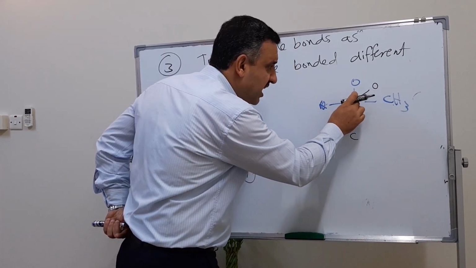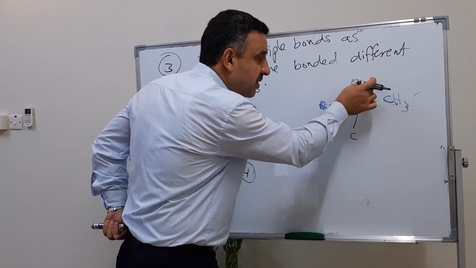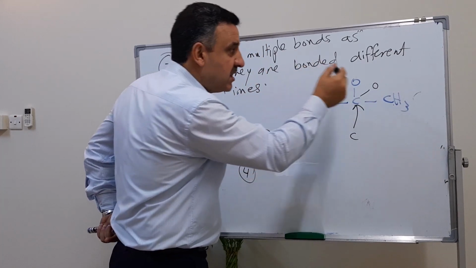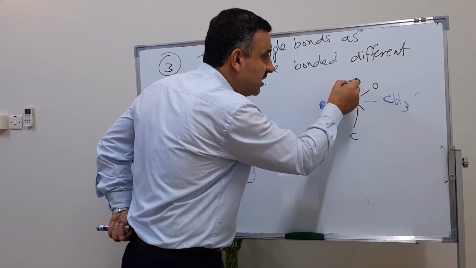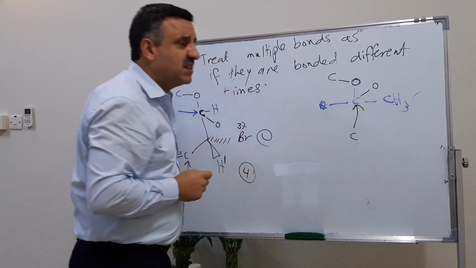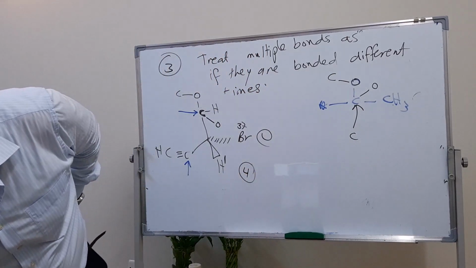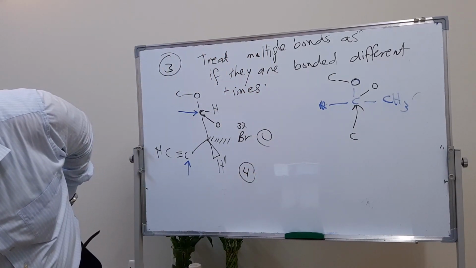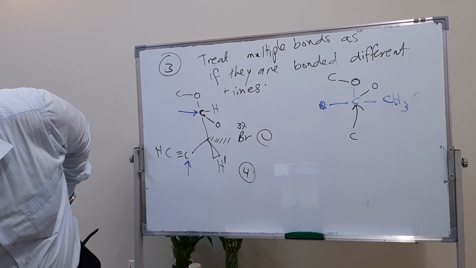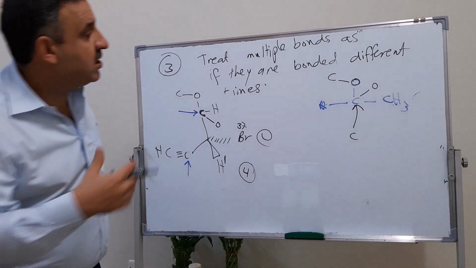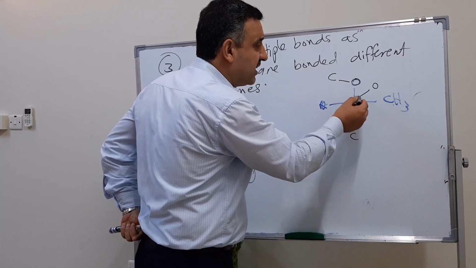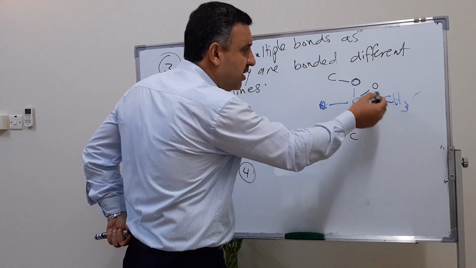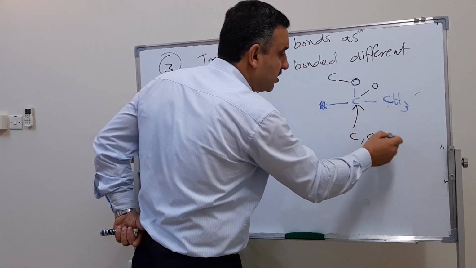This carbon is connected to two oxygens because it was double bonded. The same thing: because this was double bonded, we treat this as if it is attached to another carbon. Clear, Maria, now? So what are the atoms now attached to this carbon? It will be carbon and two oxygens.